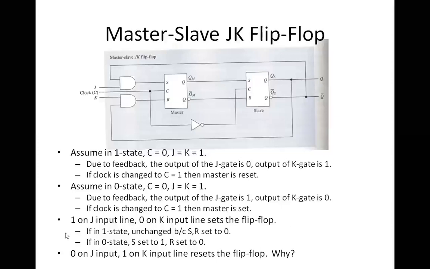In order to answer this question, you should put the values individually, just like how we answered the earlier question, 1 on J input line, 0 on K input line sets the flip-flop. The reverse is also true. 0 on J, 1 on K, reset. Reset means 0. I'm going to get a 0 output.